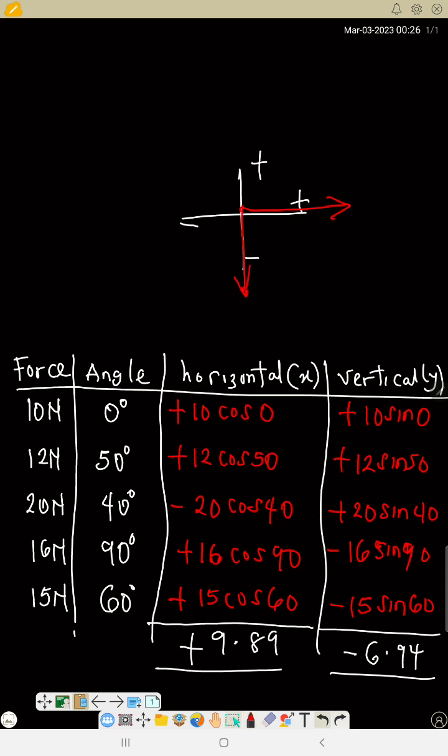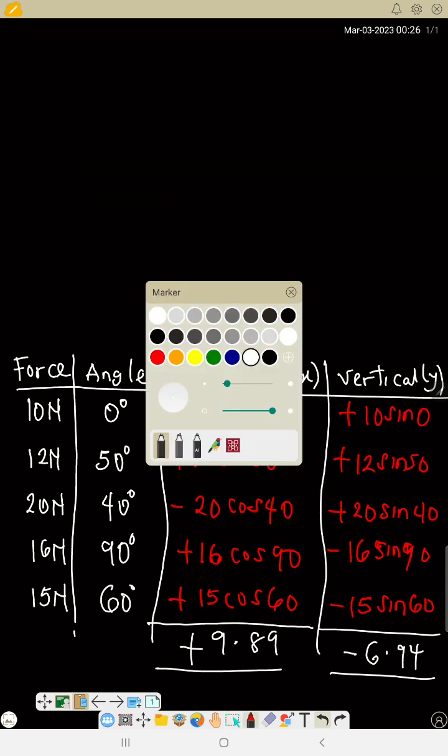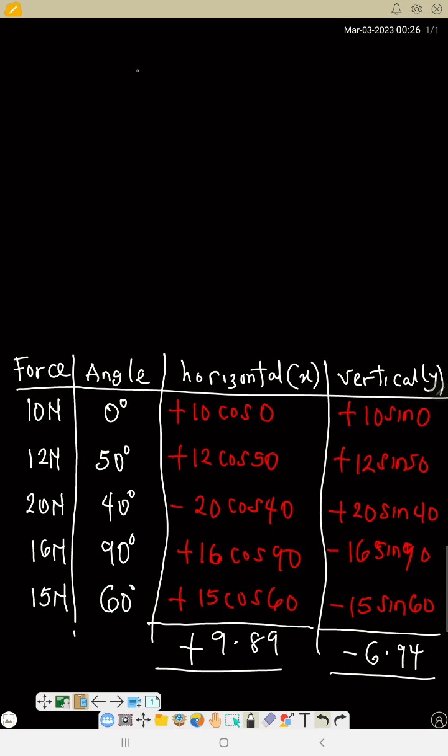So my resultant vector will go this way and also down. This is 9.84 Newton, while this is 6.94 Newton. I don't need to put minus there because it's already facing down, and any force facing down is minus already. So we use that arrow to show direction.